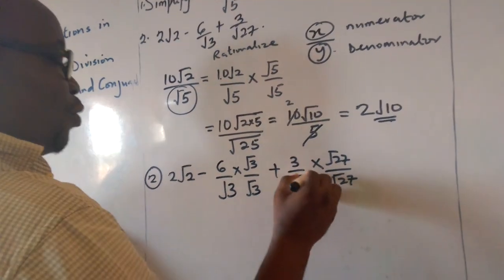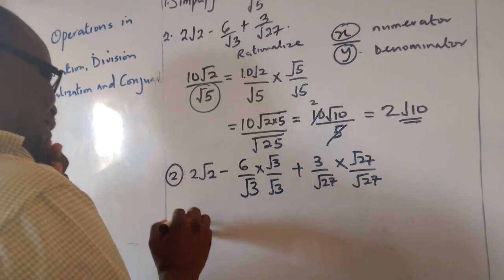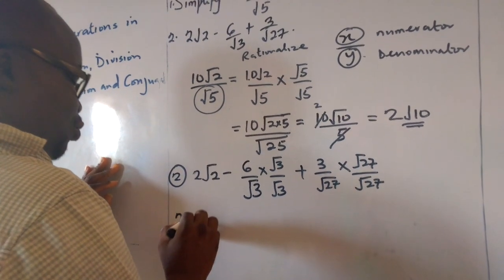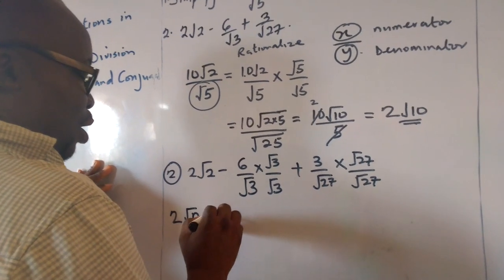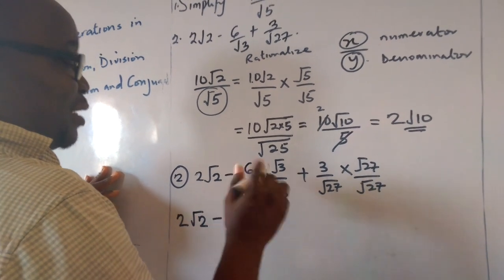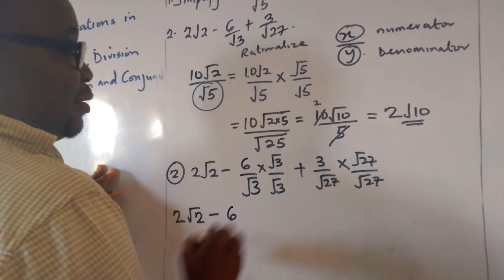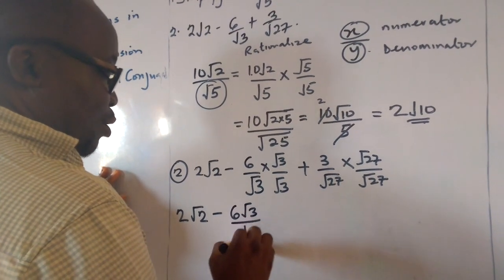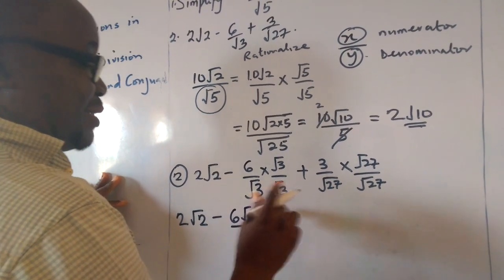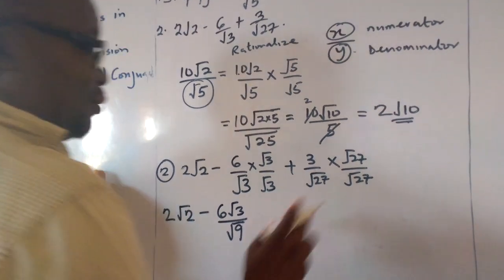Okay? So what do I do next? This maintains how it is, so this is 2 root 2 minus 6 root 3 all over root 9, because 3 times 3 is 9, right?